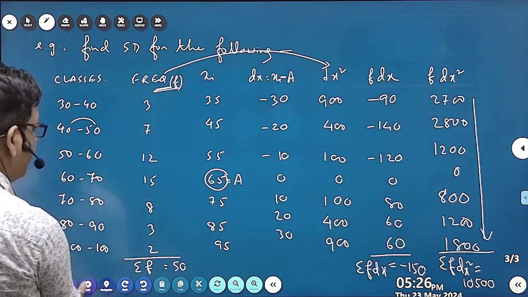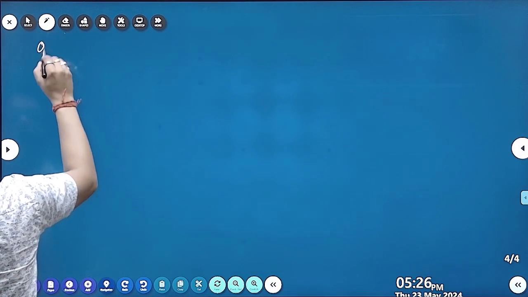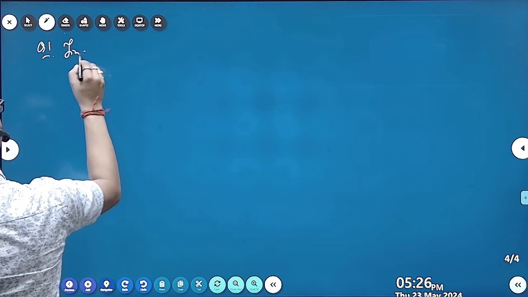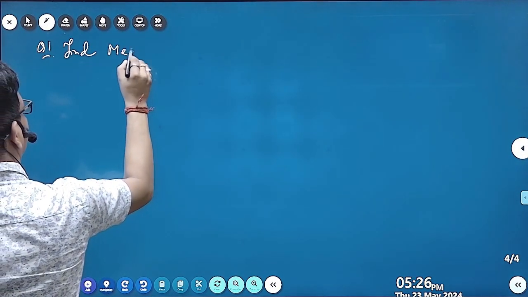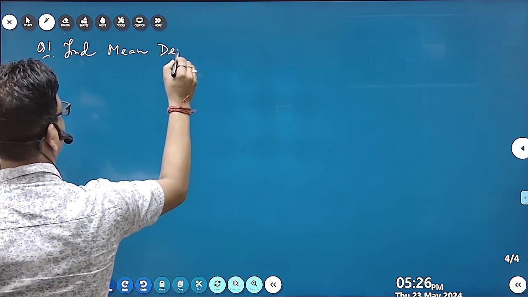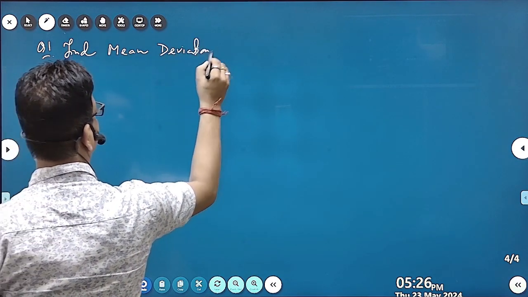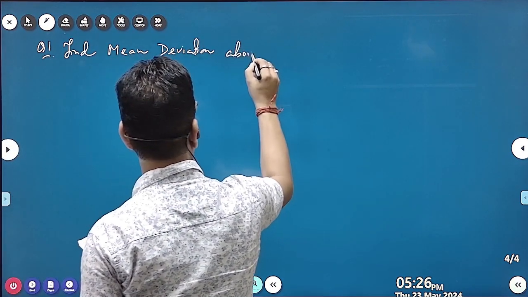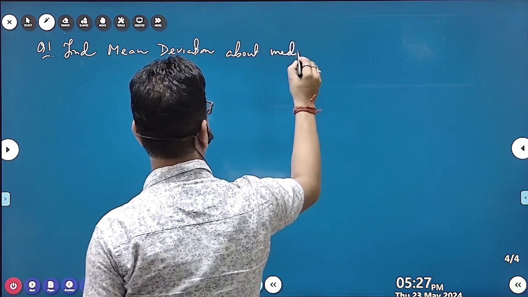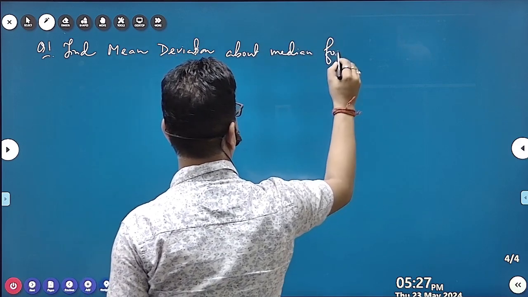So I'm going to do one question. Question 1: find mean deviation about median for the given data.